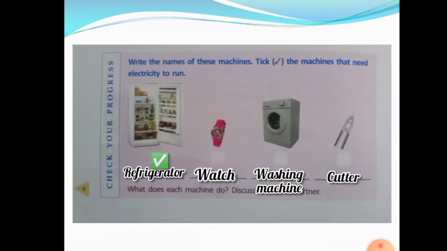It needs battery to work. So, that's also one type of electricity. So, tick. Then the third one also needs electricity to run. But what is the fourth one? Cutter. So, it won't need electricity to run. So, put the wrong mark.